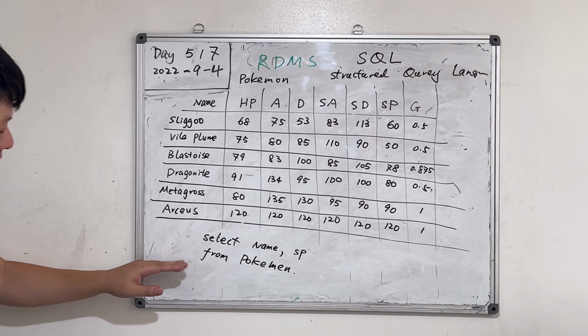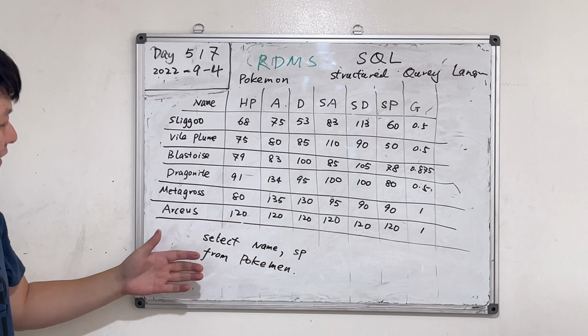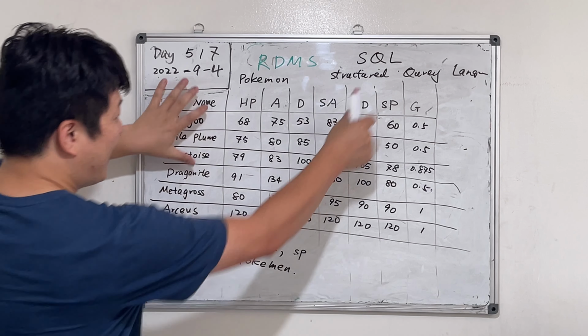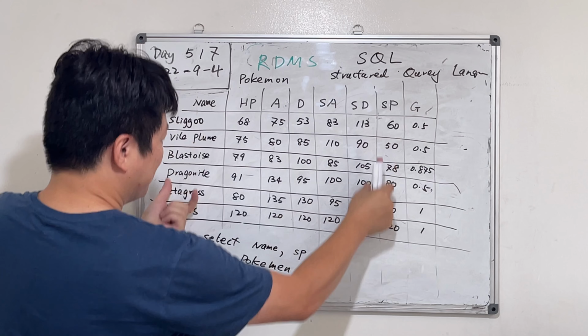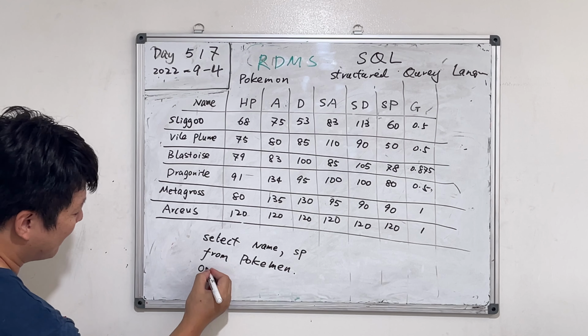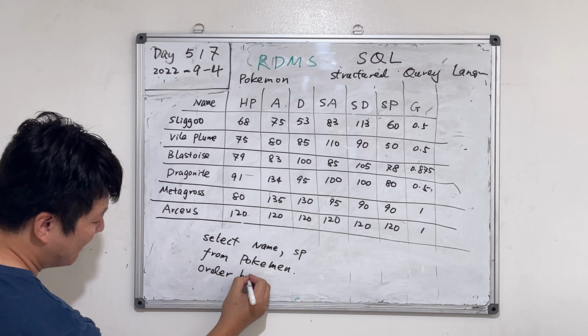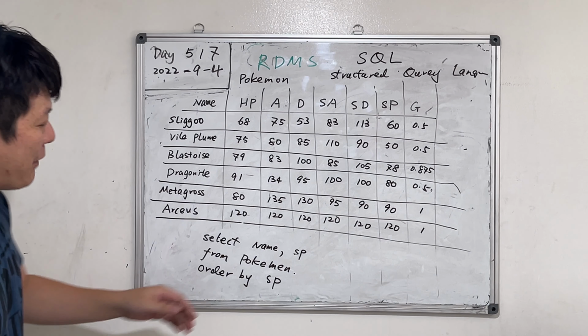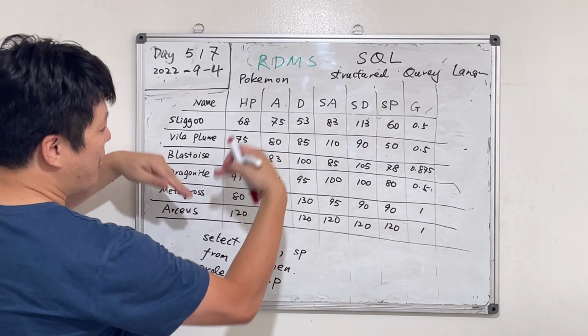If I do this, the computer will just return the name and the SP, these 2 columns. And then I can say order by SP.